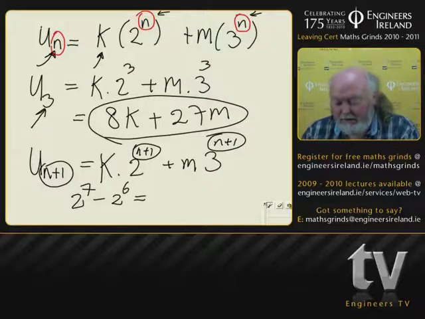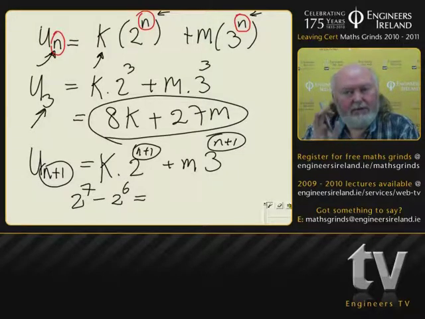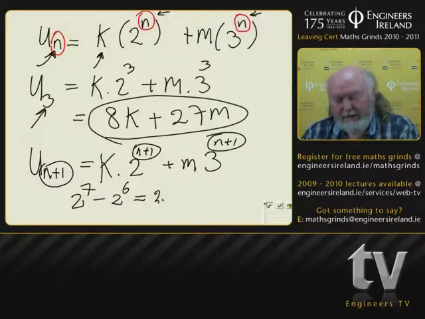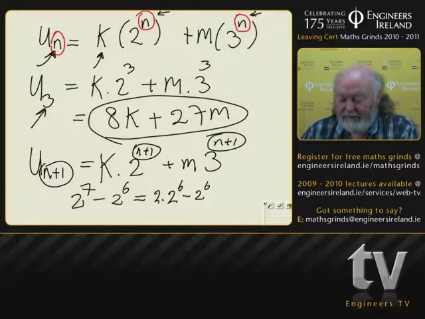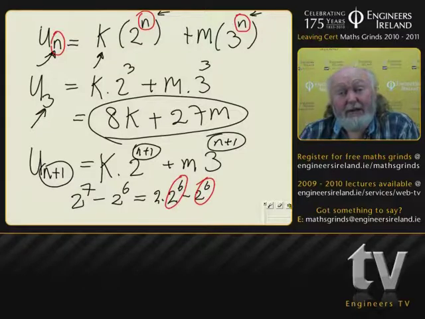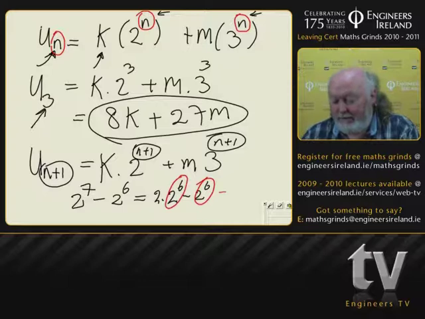Just find the relationship. 2 to the 7 is 2 by 2 by 2 by 2, etc. for 7 of them. So we can say, isn't that 2 by 2 by 2 by 2 by 2 by 2, etc. for 6 of them? And now we're saying these are the same things. So I can name that to anything. I can call it an apple. So it's 2 apples minus an apple is equal to an apple.